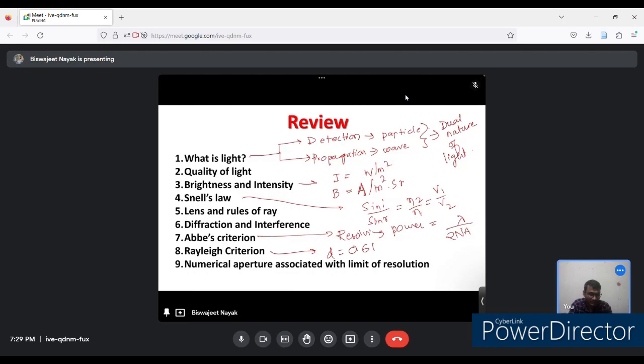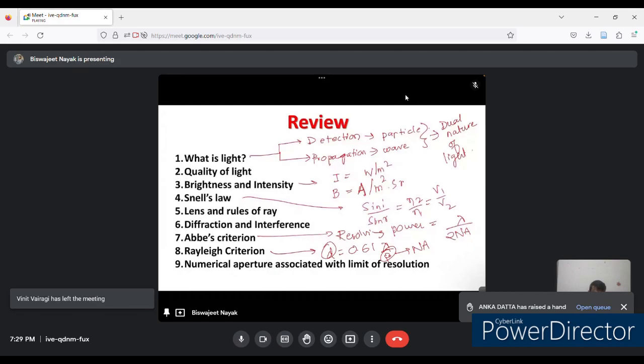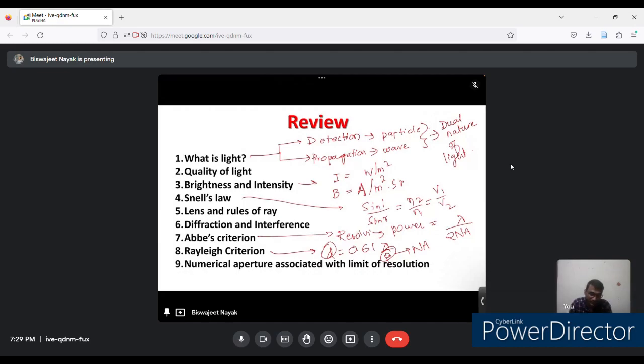Then he explained about the numerical aperture, which is associated with the limit of resolution. In that class, he told that Rayleigh stated that if the maximum from one source lies over the first minimum from the other source, then the overall intensity profile... So, could you please draw and let me understand this again?